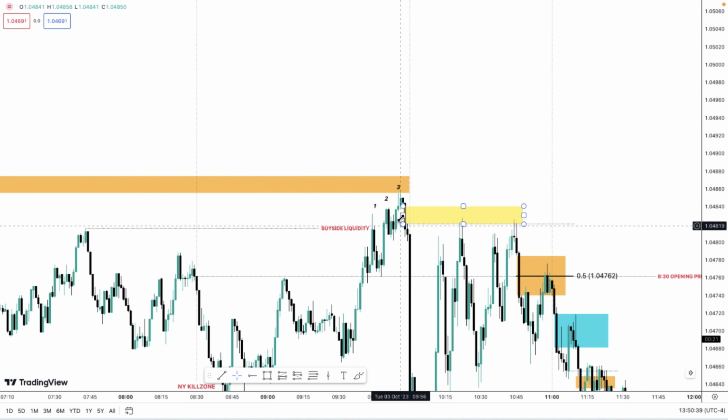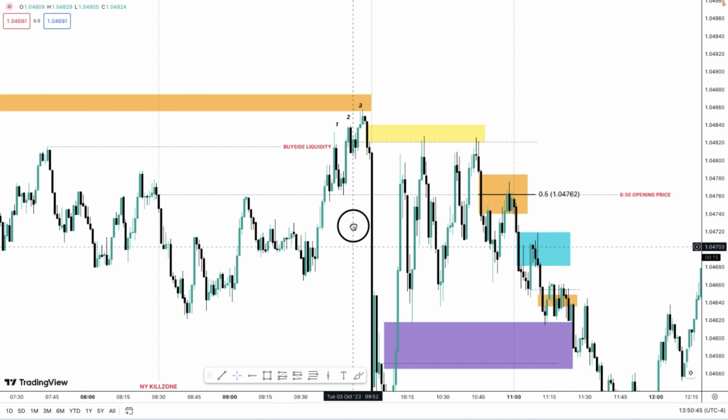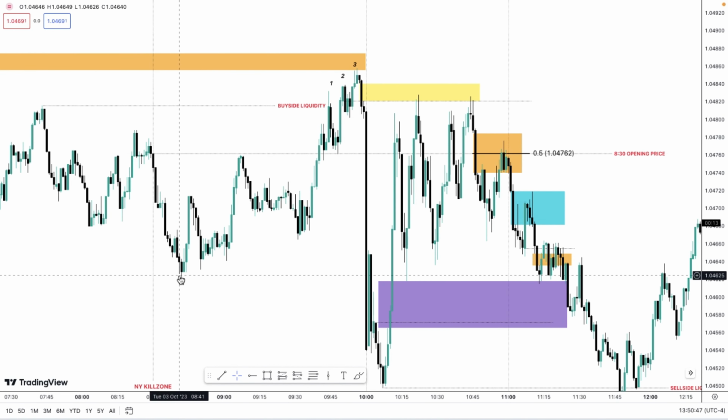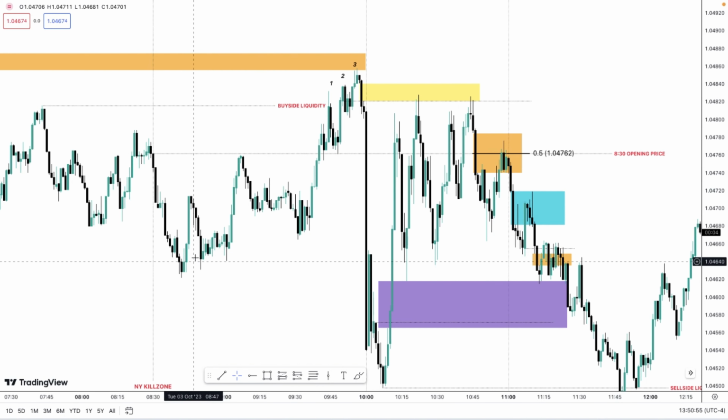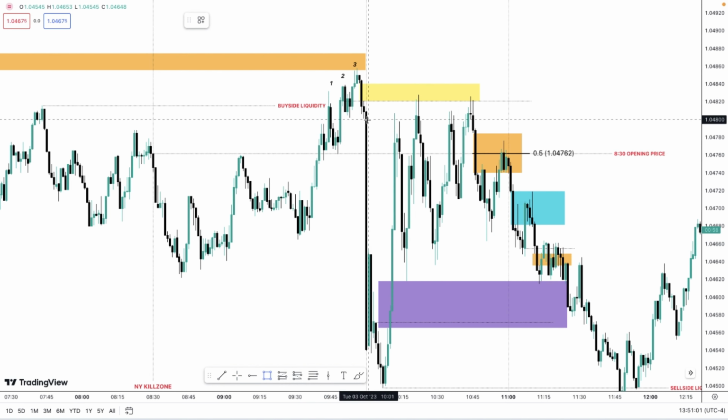You have a swing low. Price takes out the swing low aggressively. We call it sell side below this low, below this low, below this low. All those stop losses of everyone was trying to buy when the market was going up. They collect all those buy stops. We have this huge fair value gap.